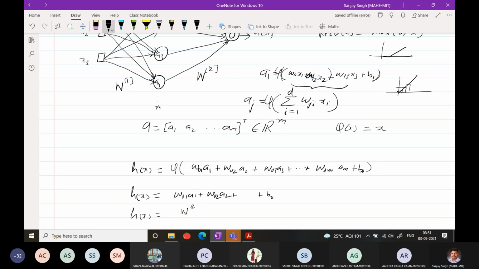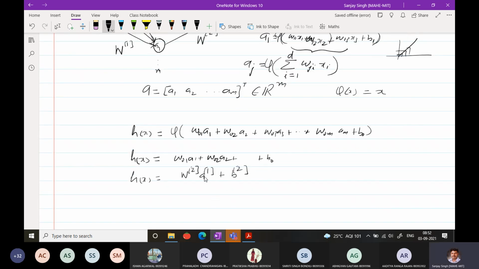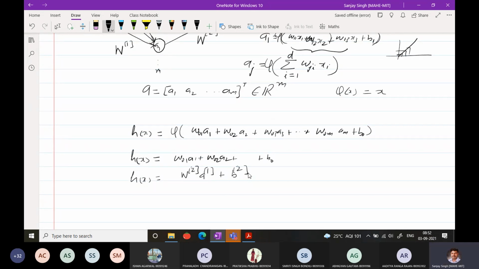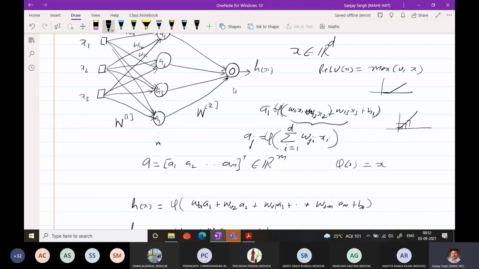Can I write so? The weight corresponding to the second layer multiplied by the input from the penultimate layer, from the previous layer, that is A in this case, plus B2. B2 means the bias of the current layer. When I say bias, here there is only one neuron. But imagine the situation where there are multiple neurons.